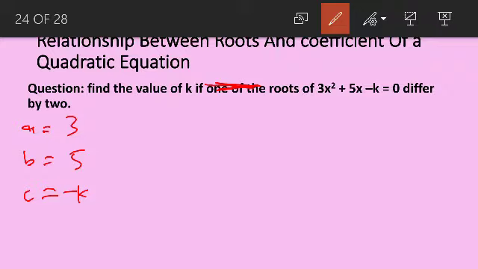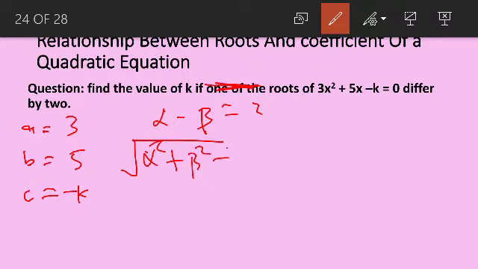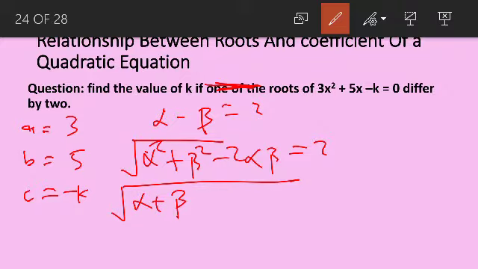And since the roots differ by 2, that means the difference between the roots, which is alpha minus beta, if alpha and beta are the roots of the equation, is equal to 2. Now alpha minus beta, remember, is the same thing as the square root of alpha squared plus beta squared minus 2 alpha beta, all equal to 2, which we can expand further: alpha plus beta all squared minus 2 alpha beta minus 2 alpha beta, all equal to 2.